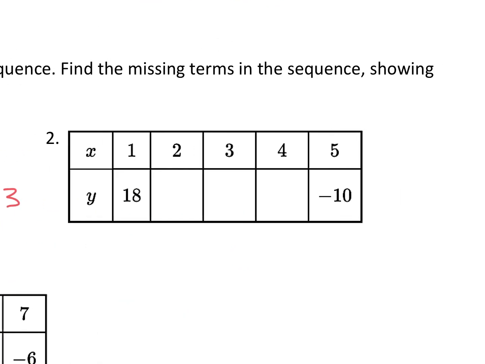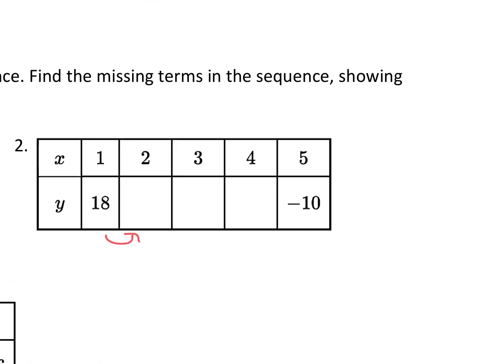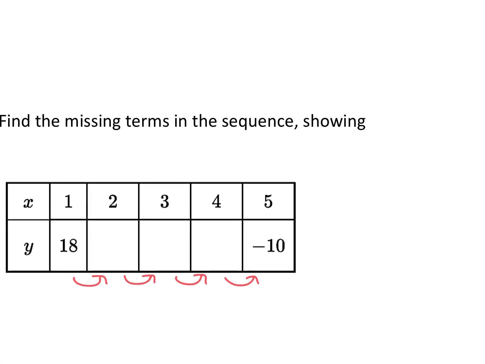In number 2, looks like we've got 1, 2, 3, 4 jumps this time, and we're going from 18 to negative 10. So let's see how far apart these 2 numbers are. I'm just going to subtract them. Negative 10 minus 18, so that is negative 28 apart. And D is going to be that difference between the 2 numbers that I know divided by the number of jumps.